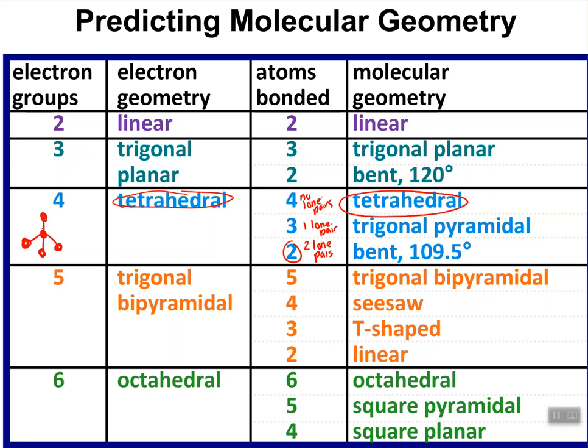By the way, they could be double bonds and they count as one group still. So 4 bonds, 4 electron groups, and there's an atom on each one. So the molecular geometry of that is still tetrahedral. That's what these are over here, molecular geometries. So the electron geometry is tetrahedral, and the molecular geometry is tetrahedral.